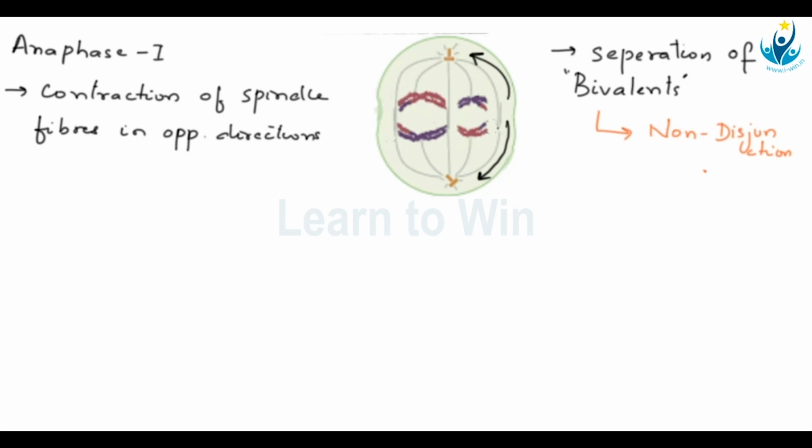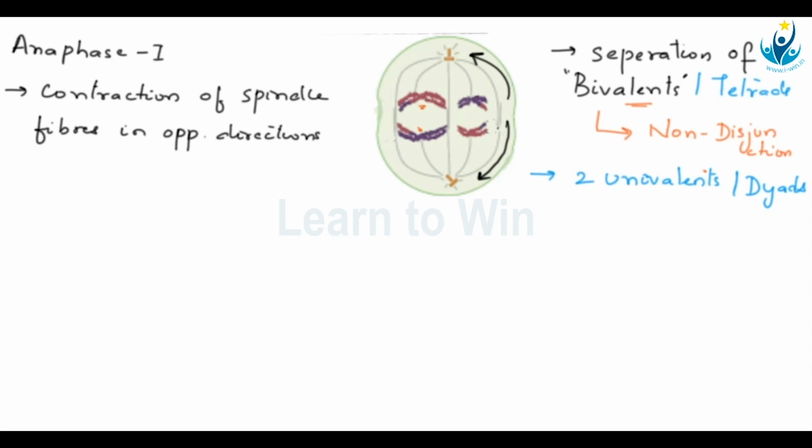Now, in metaphase, you have seen that these two chromosomes belong to one set of bivalents. So you are separating the bivalents so that you have the formation of two univalents, or you are separating tetrads to form dyads.